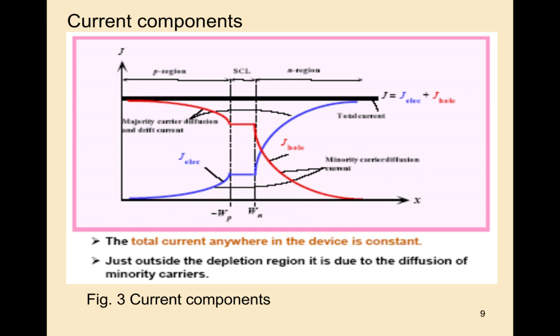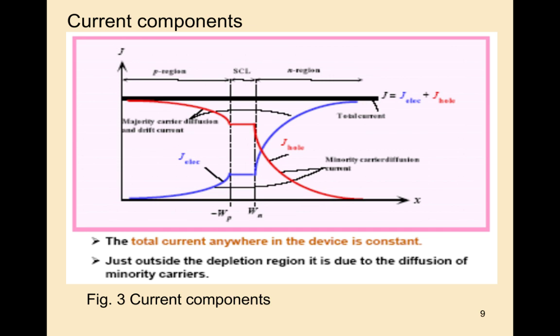See this diagram. These are some currents related to the PN diode. Throughout the device, the current is constant, that is J equals J electrons plus J holes. See the graph here.